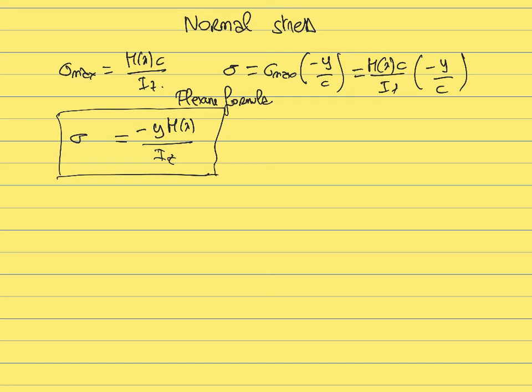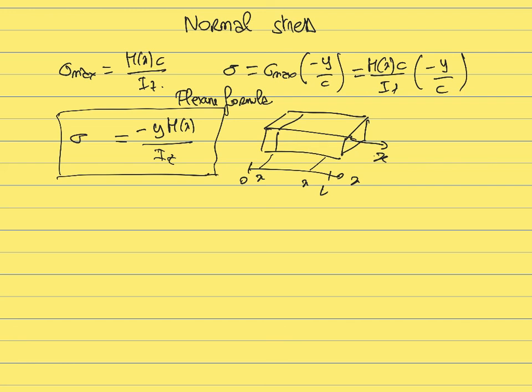So just to summarize, we have a beam like this, where x is the longitudinal axis. When you want to calculate the normal stress, you can do it first for each position x. If you have the beam going from 0 to L, you can calculate the stress as a function of x.